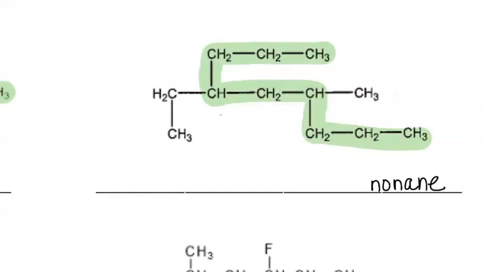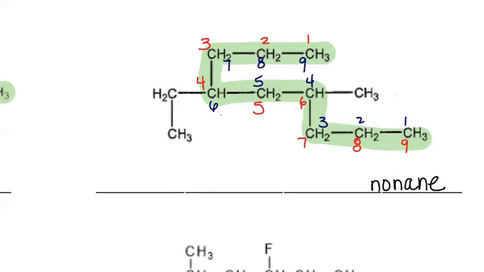So Gia had this question a few moments ago, and let's go over it. If I do the numbering, I say 1, 2, 3, 4, 5, 6, 7, 8, 9, versus 1, 2, 3, 4, 5, 6, 7, 8, 9.